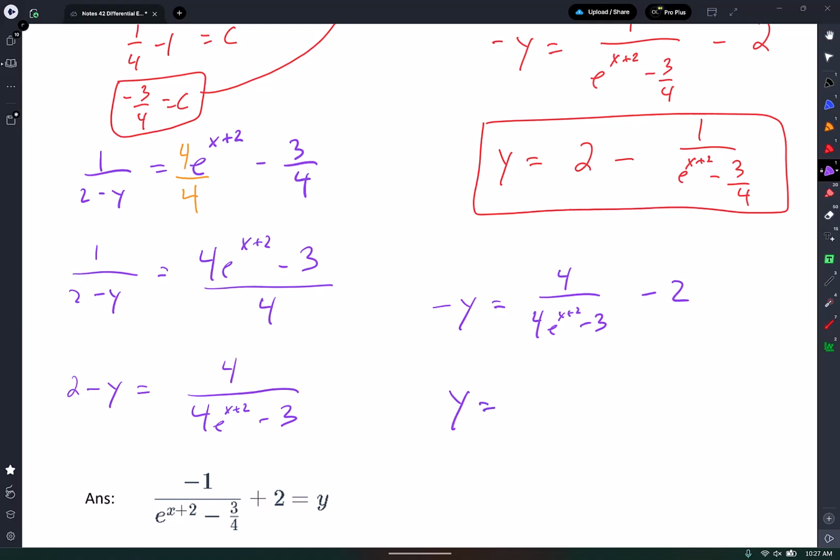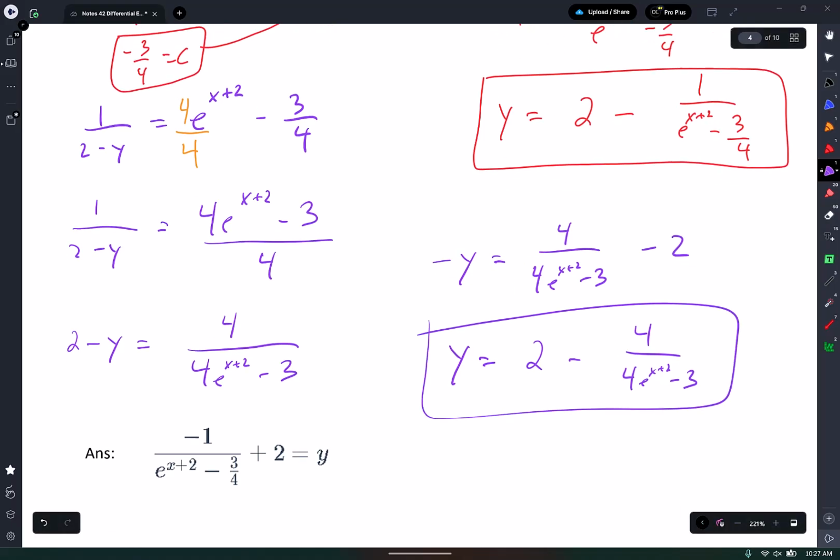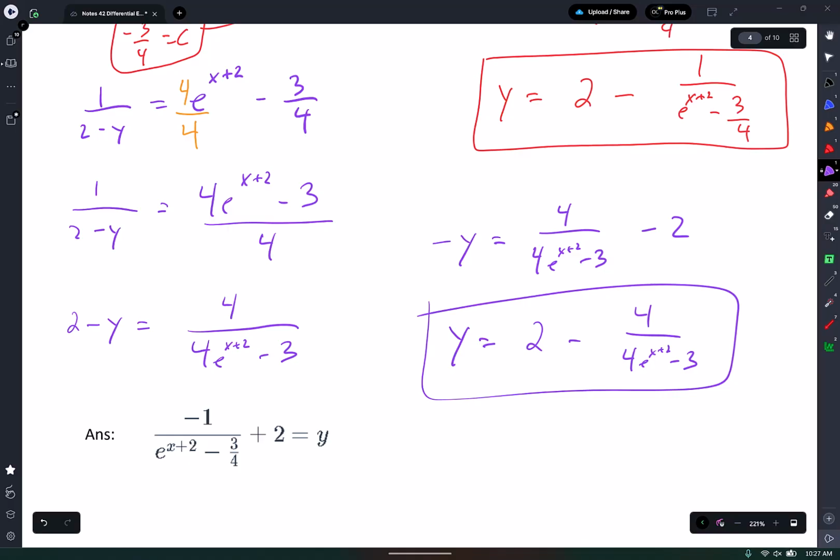I'm actually tempted to do a common denominator with the 2, but no, I'll leave it. 2 minus 4 over 4e to the x plus 2 minus 3. Those are equivalent. Delta Math will count both correct. I think Delta is just trying to give what kids think is the easiest route. I guess you could have gone common denominator here, keep, change, flip with the 4 on the top.